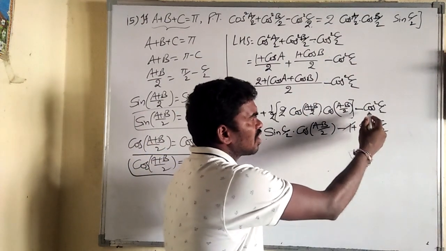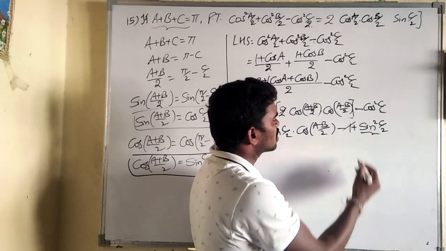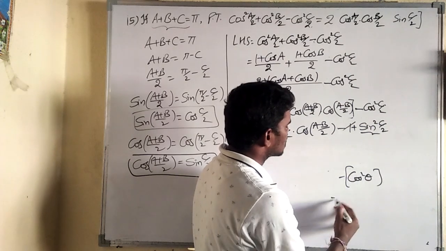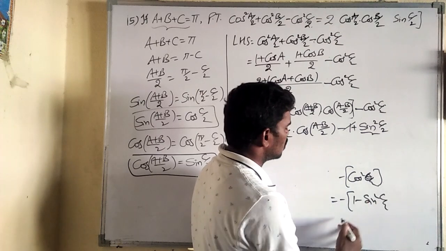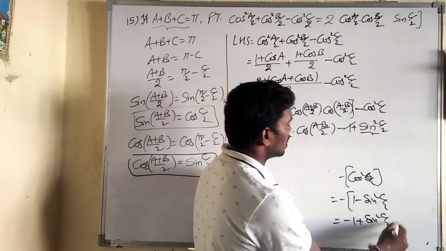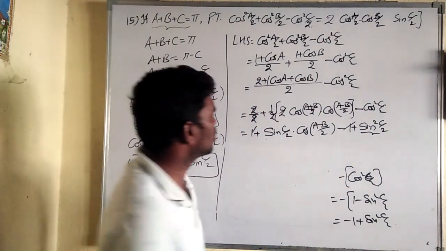How did we get this step? Cos square theta means 1 minus sin square. So minus of cos square c/2 means minus of (1 minus sin square c/2). So minus into minus is plus sin square c/2. So minus 1 plus 1 cancel. From that we get sin square c/2.